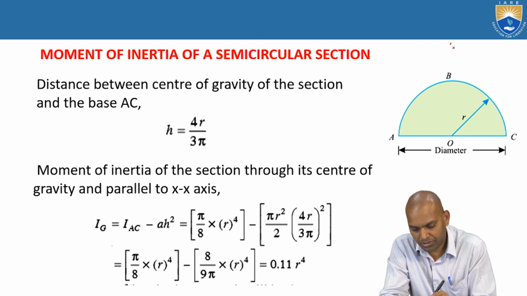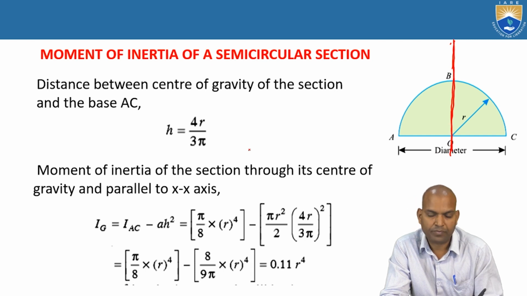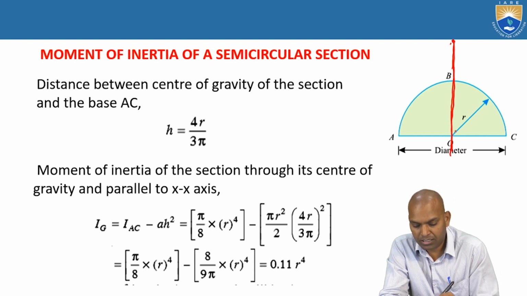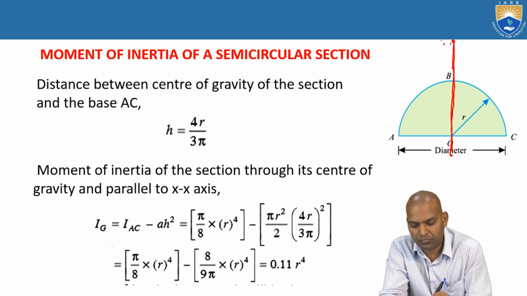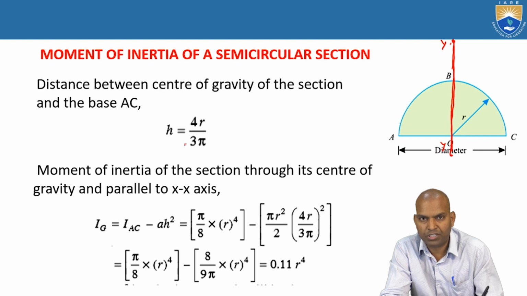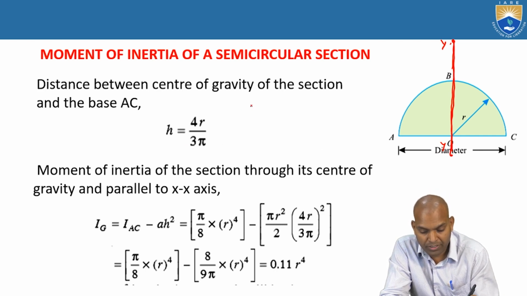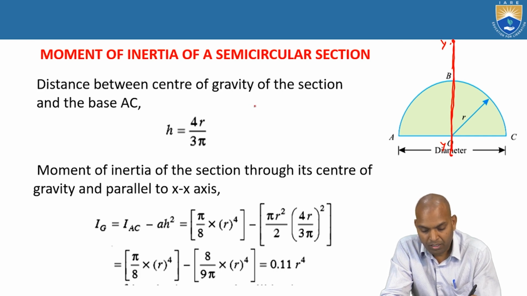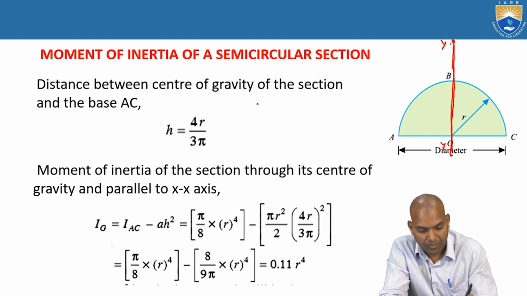This is the centroidal axis, and the section is symmetrical about the axis YY. About this YY axis, we want the moment of inertia. So how do we find the moment of inertia about YY? It is also a semicircle.